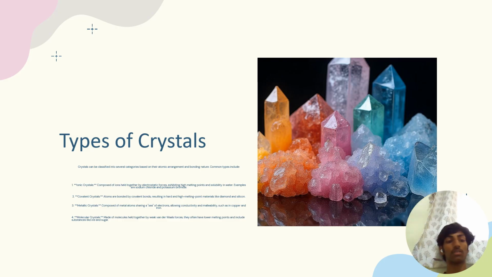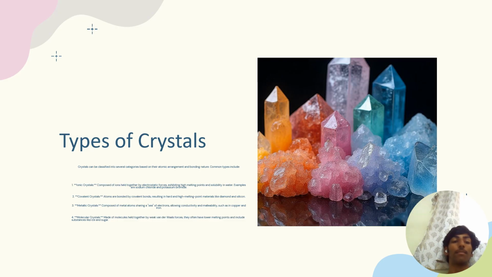And the types of crystals. Crystals are classified based on the types of atoms and bonding forces that hold them together. There are four main types: ionic crystals, covalent crystals, metallic crystals, and molecular crystals. Coming to ionic crystals, these consist of positively and negatively charged ions which are held by electrostatic forces.